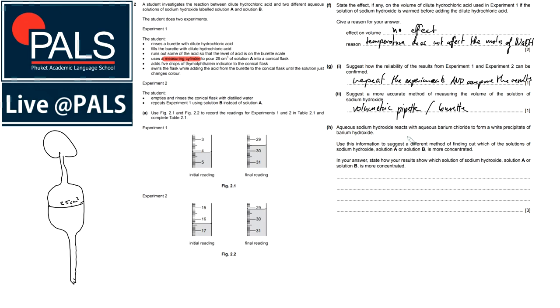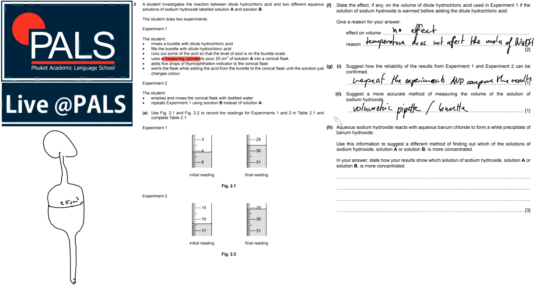Aqueous sodium hydroxide reacts with aqueous barium chloride to form a white precipitate of barium hydroxide. Use this information to suggest a different method of finding out which of the solutions of sodium hydroxide is more concentrated. In your answer, state how your results show which solution of sodium hydroxide, A or B, is more concentrated.